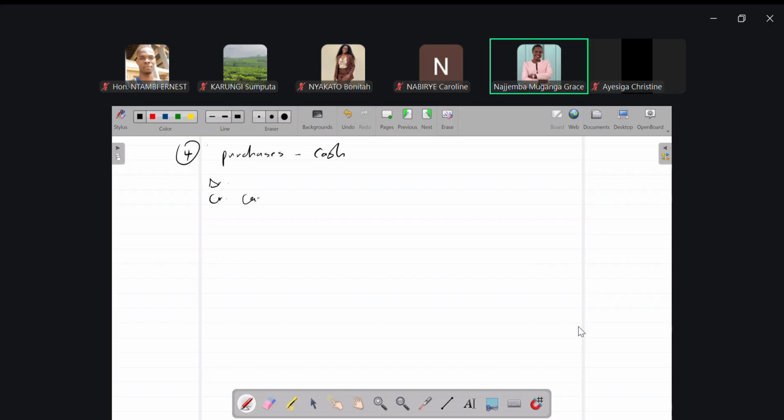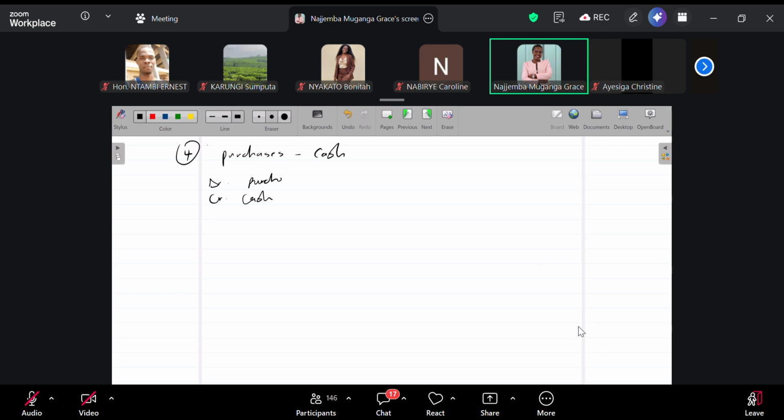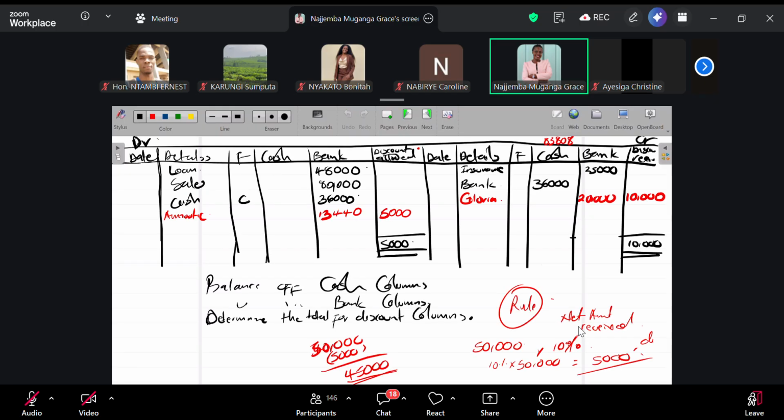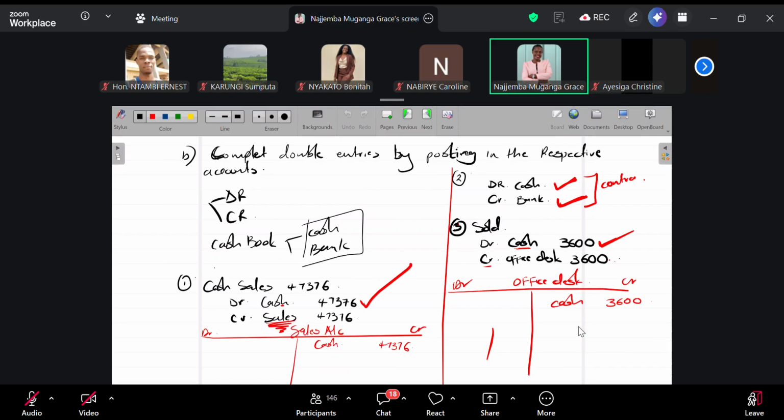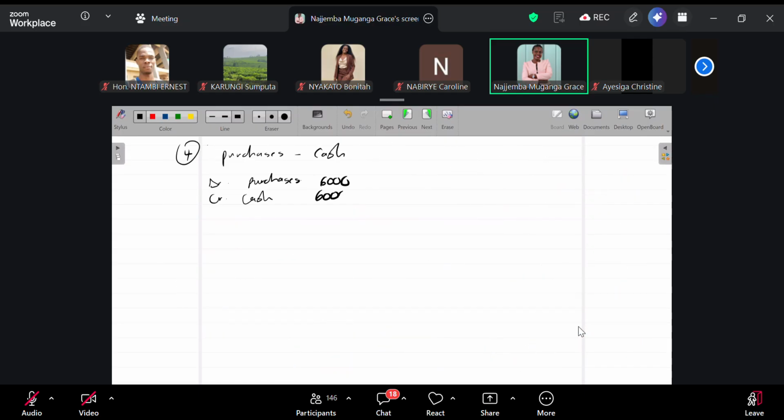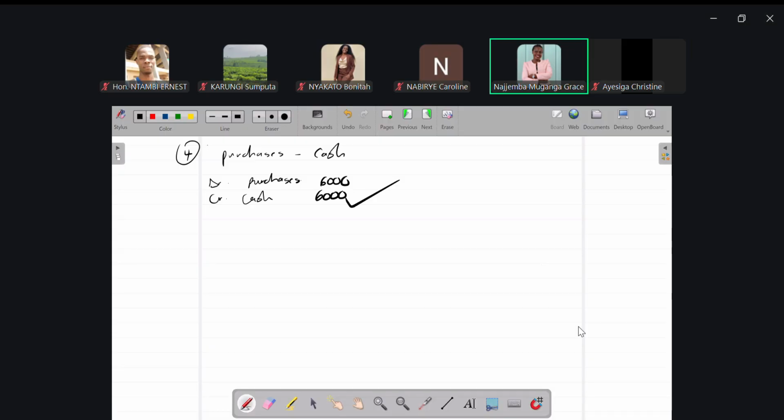So I credit my cash and debit my purchases. How much? 6,000. So what did I record? I'm done with that entry in the cash book, so I'm left with the one on the debit side. Therefore, purchases are debited, showing that we paid cash 6,000.